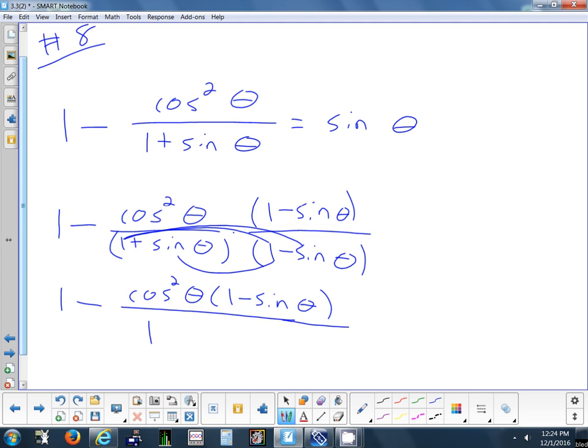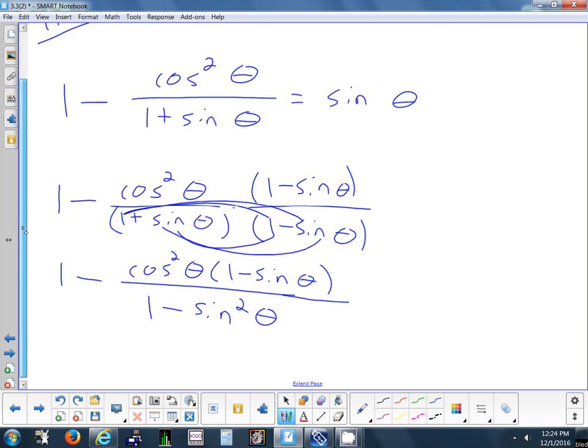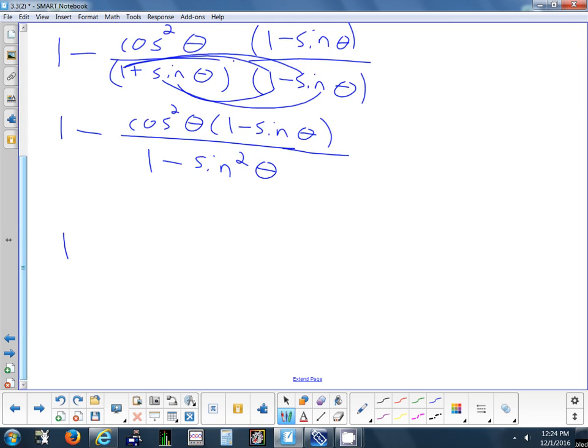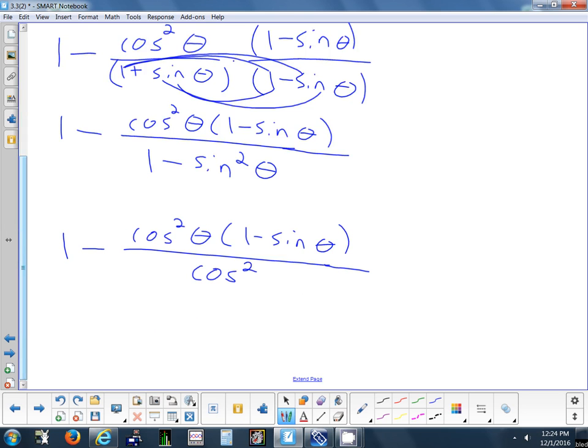Those cancel. And then I have a positive sine times a negative sine. That's negative sine squared. Now, keep the top the same. And look at what's in the bottom. 1 minus sine squared. Okay? 1 minus sine squared is cosine squared.